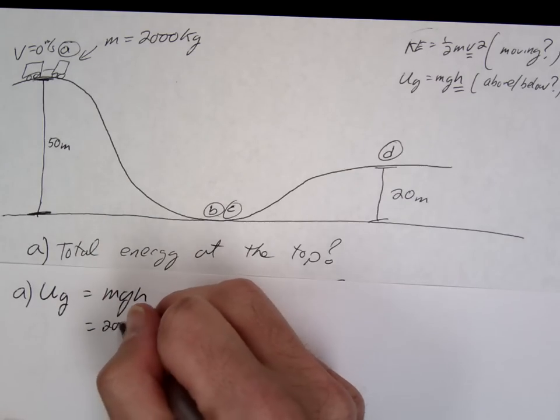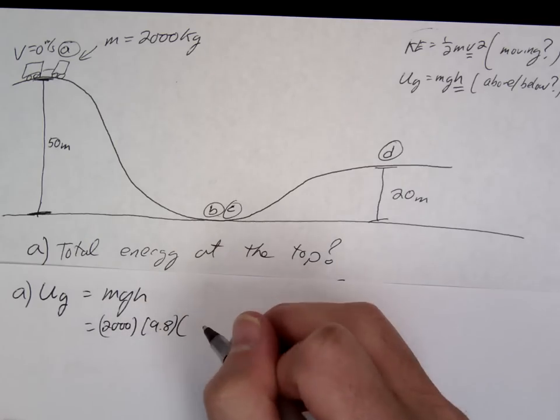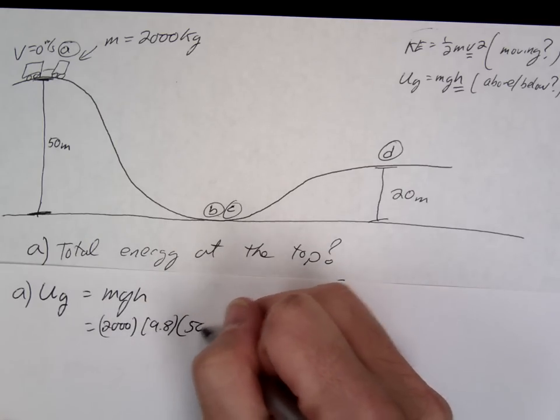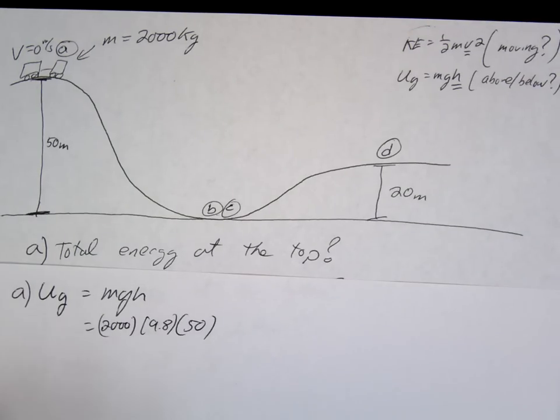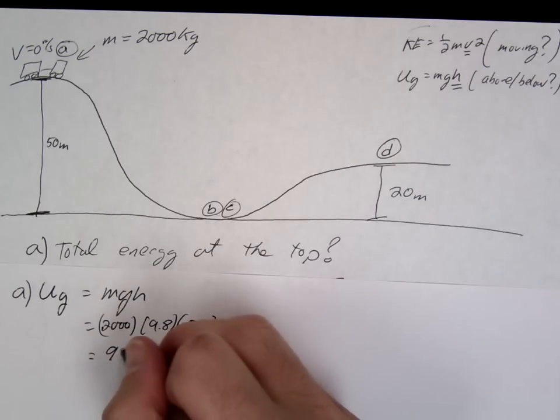So that's 2,000 times 9.8 times 50. Is that 980?